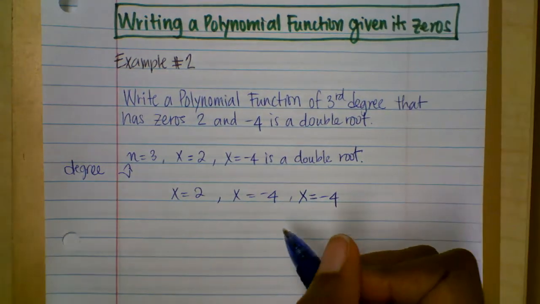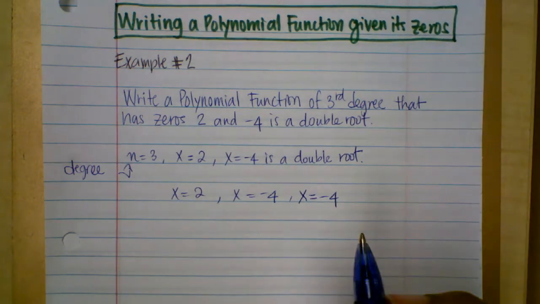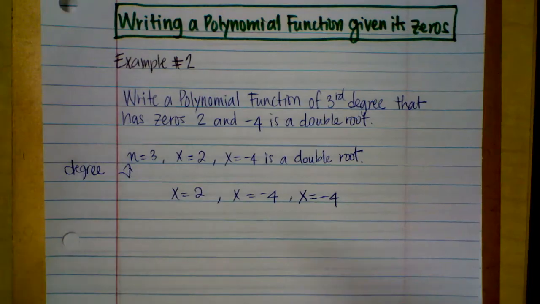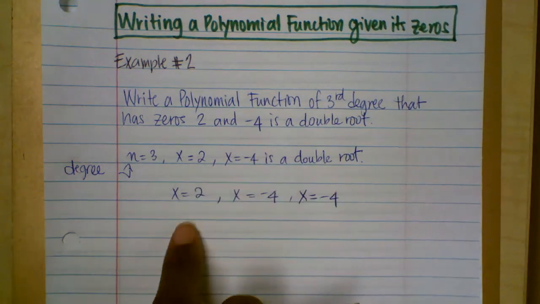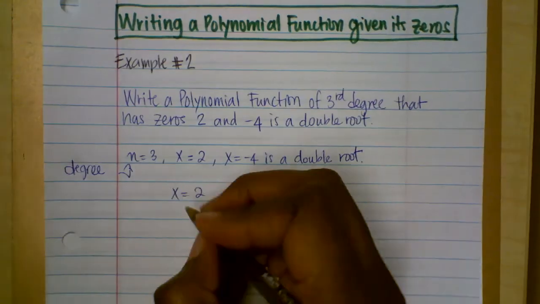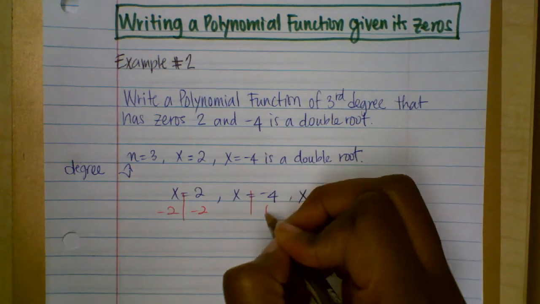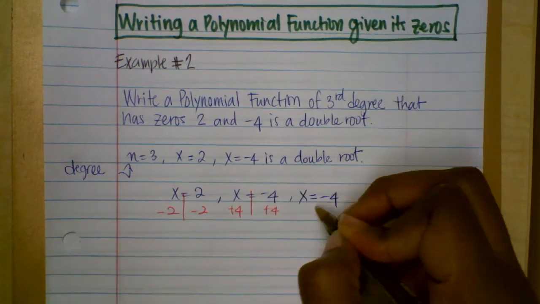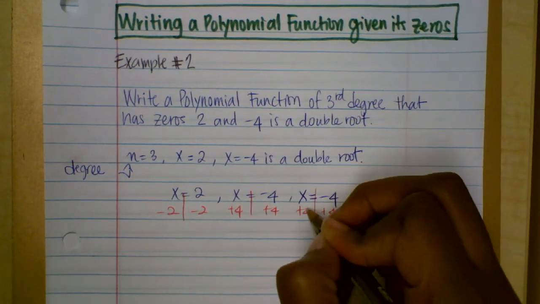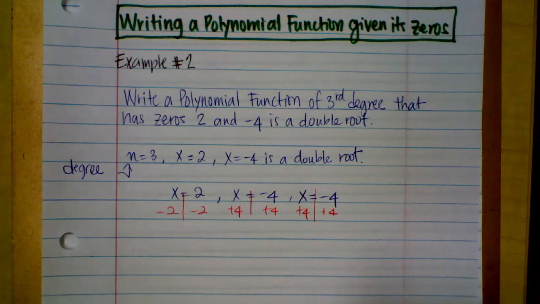Now let's continue. We want to derive the factors before we apply the zero product property. So we subtract 2 on both sides, and right here we add 4 on both sides. And the same thing again for the last one.